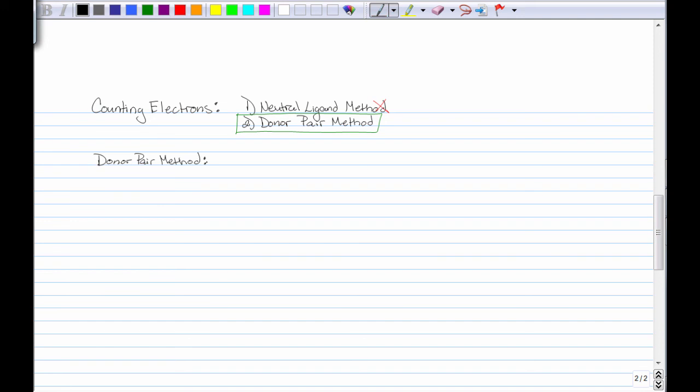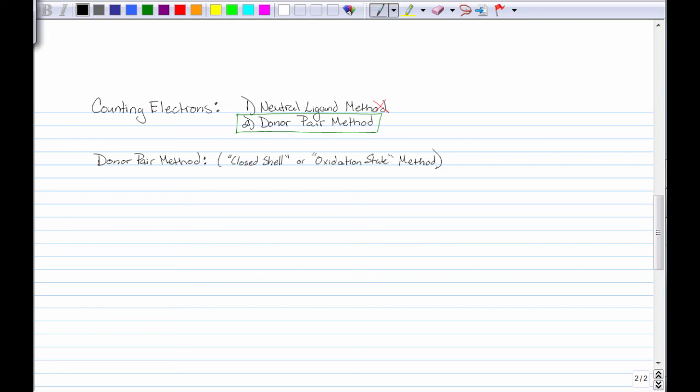The other advantage is actually that I can just use my chemical intuition to predict how many electrons each ligand is going to donate to the metal ion. So I don't need to memorize a list of ligands and what number of electrons they're donating or what their charges are. I can just use Lewis structures to understand things without memorizing a table. So this donor pair method is also called the closed shell or oxidation state method.